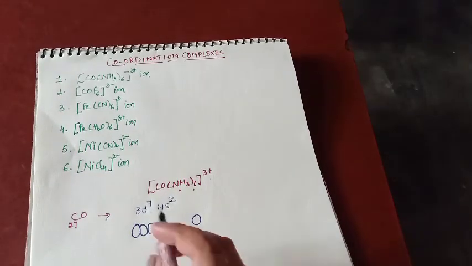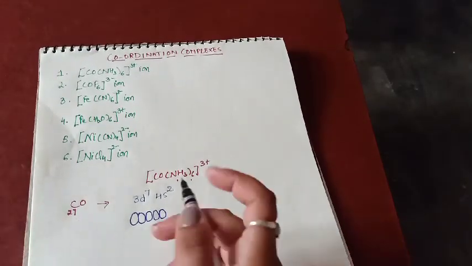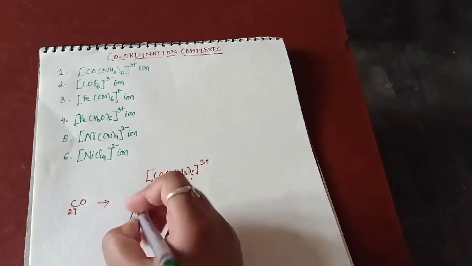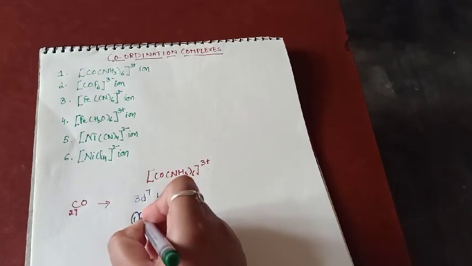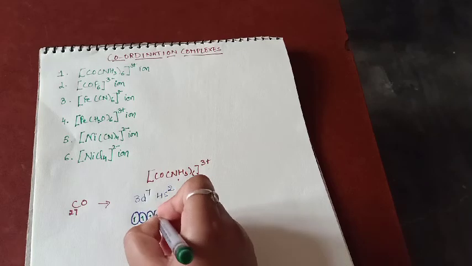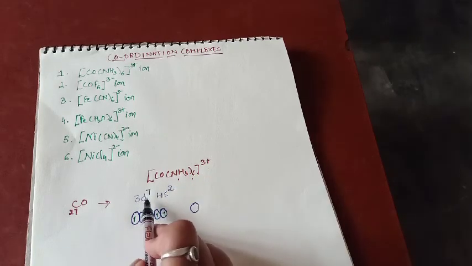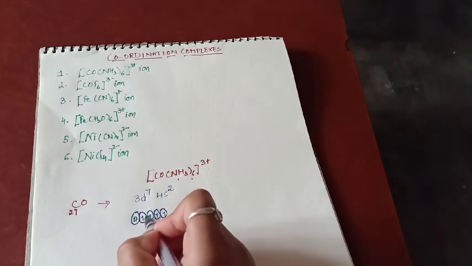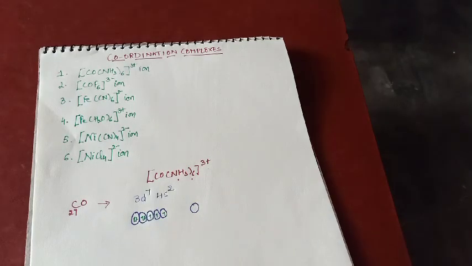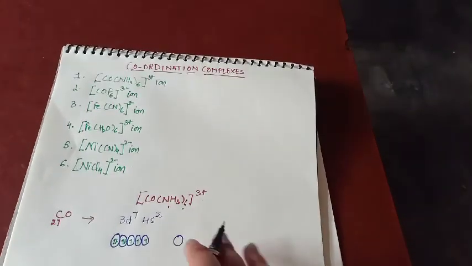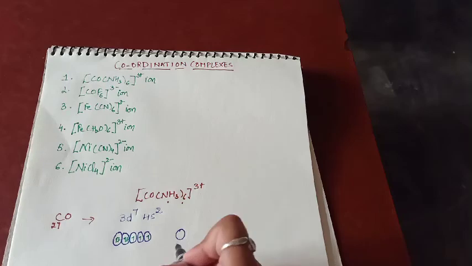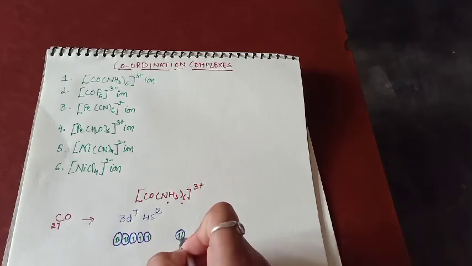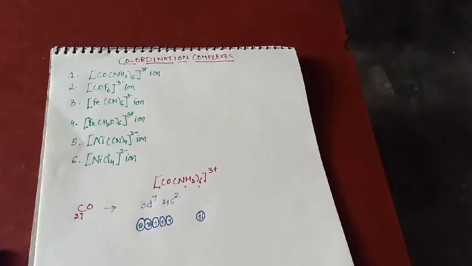Okay, so here I am going to fill the electrons. See, 1 2 3 4 5. How many are present? 7. So 6 7. Okay, now you can see this one also, it will have 1 2. So this is the orbital picture.